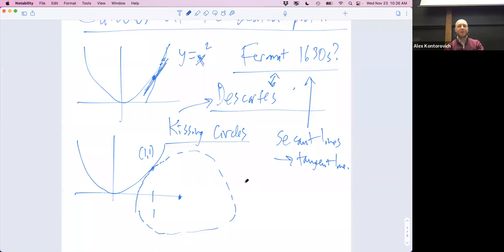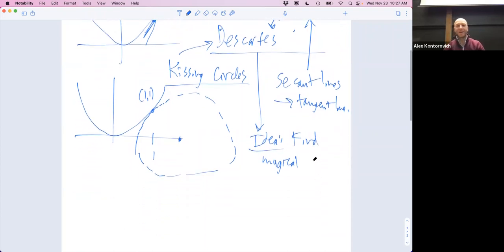Okay, so Descartes' idea is find a magical circle. I mean, magical is not math. A magical circle that kisses the graph, and has a center and is centered on the x-axis.